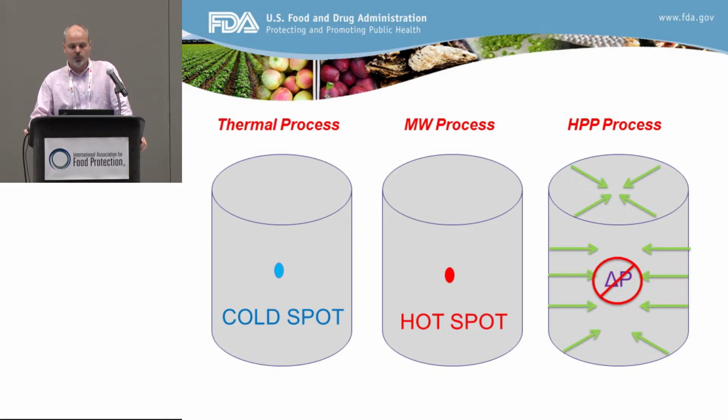To just drive home a point here, when we look at a classic thermal process, and I'll try to use the mouse here, see how sensitive it is. In a classic can or jar, in a thermal process, we would often see a cold spot by default near the center of that container.